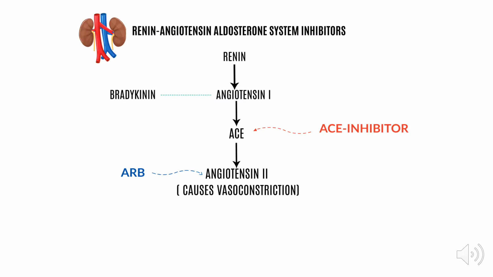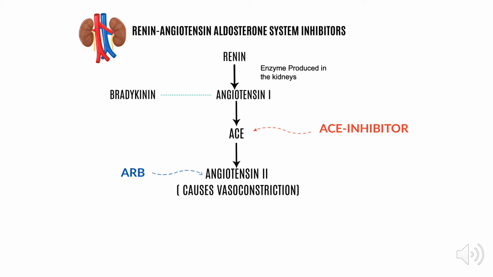So to understand this concept, I have made this visual pathway for you so you can really understand what's going on and what is the point of making a drug that targets the RAAS system. So renin is an enzyme that is produced in the kidneys, and its responsibility is to help in the conversion to angiotensin 1.